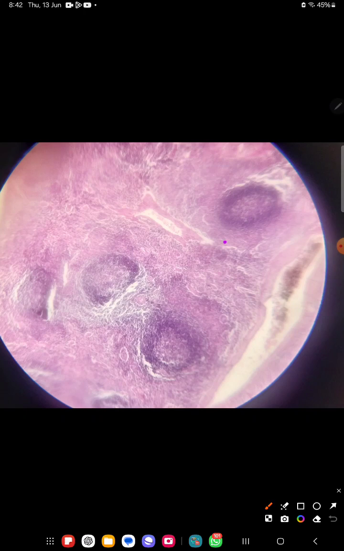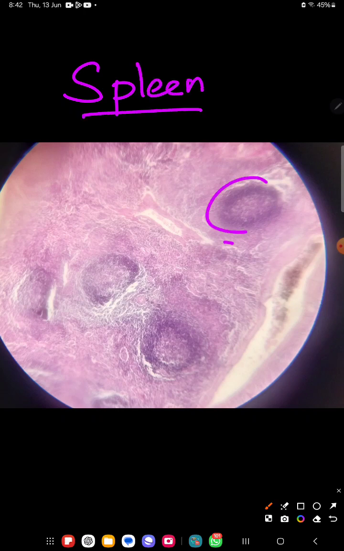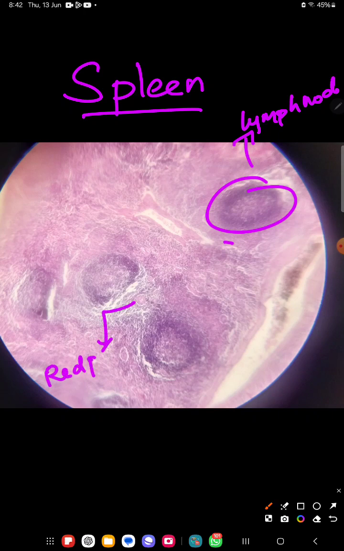This is a spleen, and it has red pulp and white pulp. Then cortex and medulla.